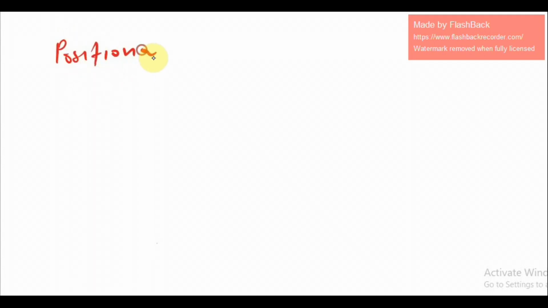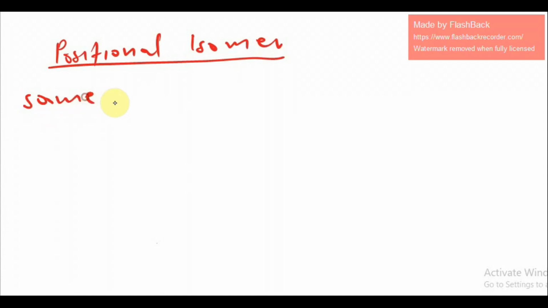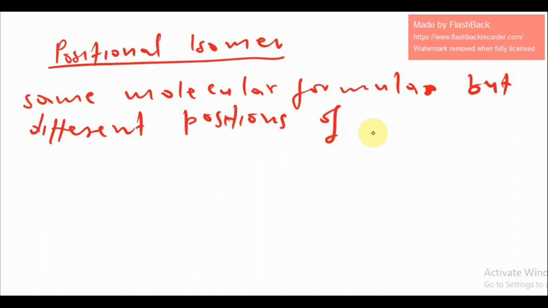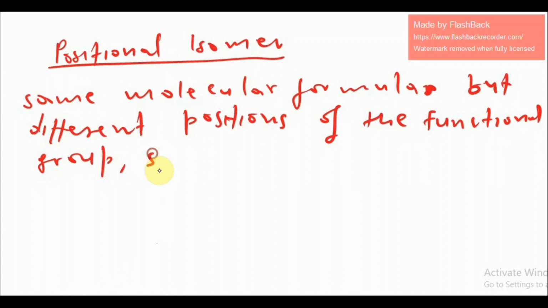Positional isomer. So this one is defined as the isomers that have the same molecular formula but different positions of the functional group, side chain or substituent.